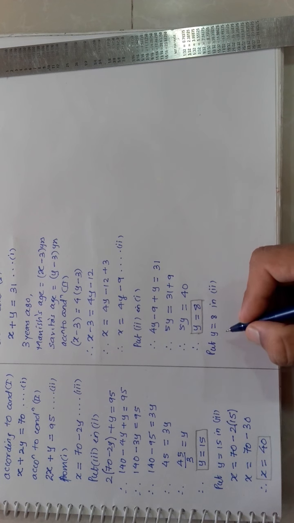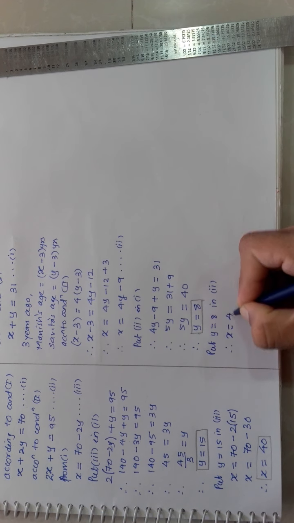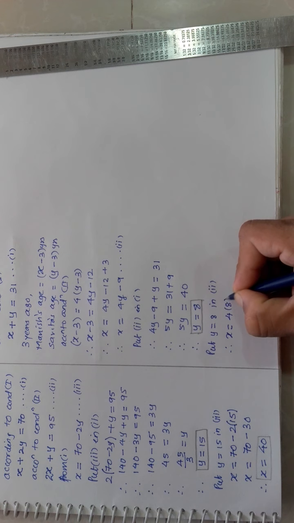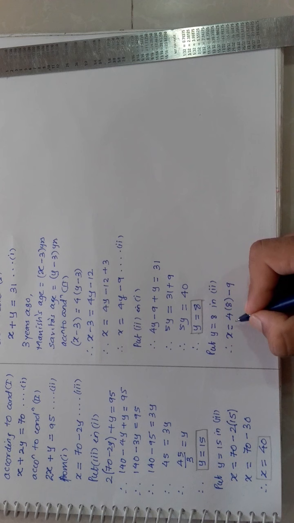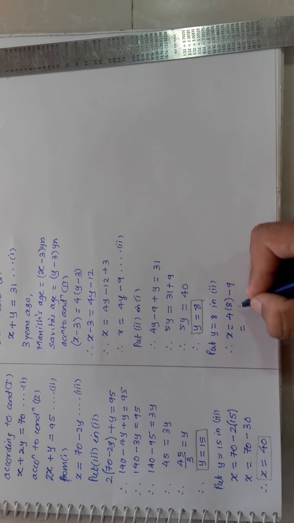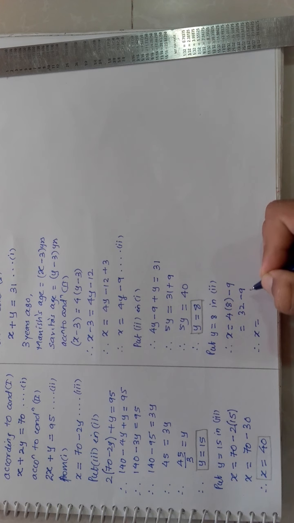So when I put it here, I get X is equal to 4 into 8 minus 9. So I get 4 8s are 32 minus 9. So you get here X is equal to 32 minus 9. 32 minus 9 will be, I think so, 23.